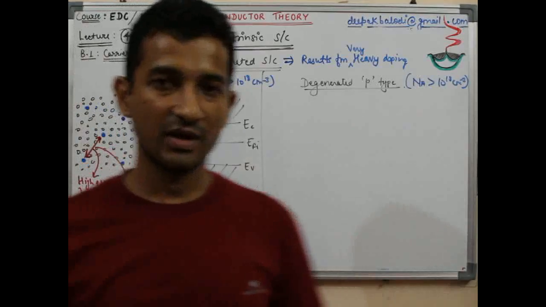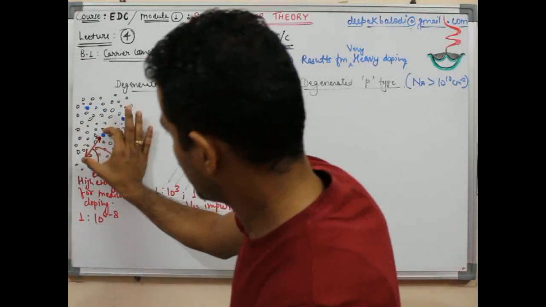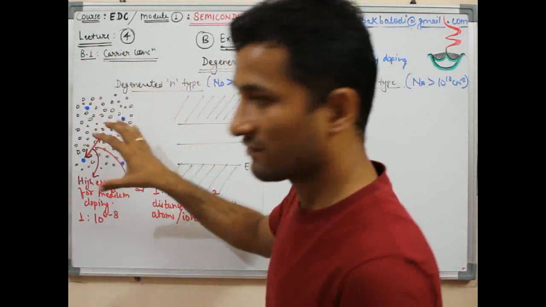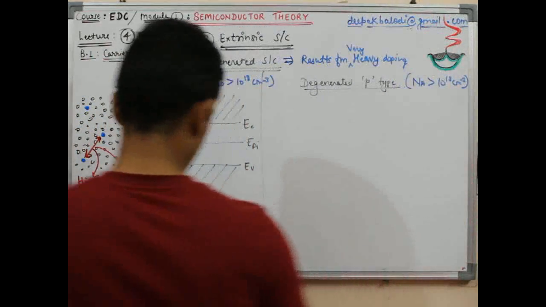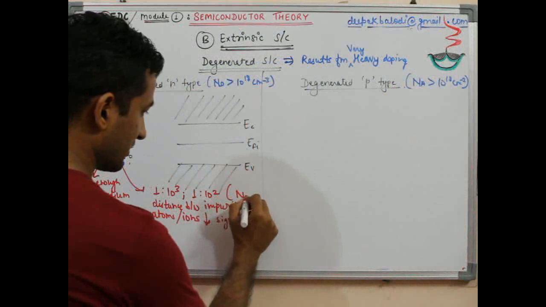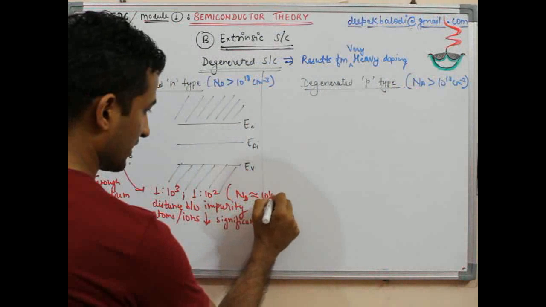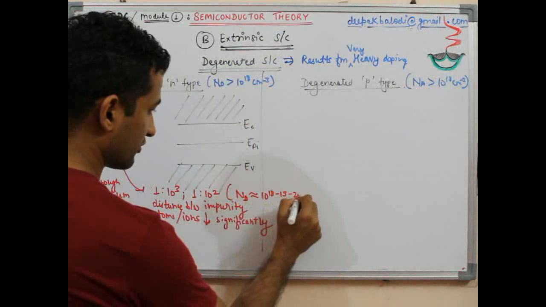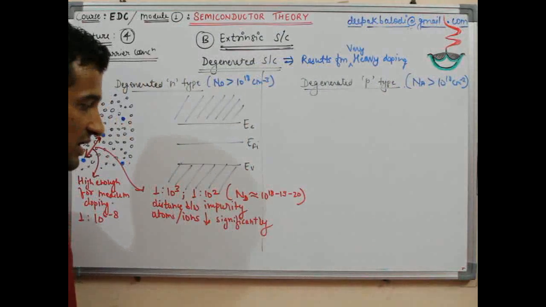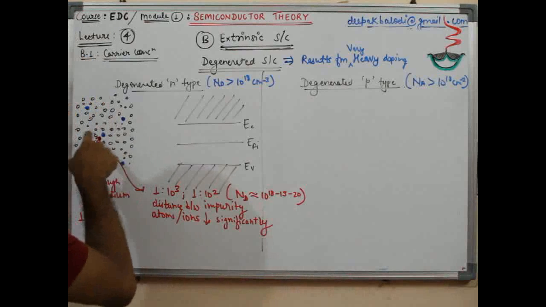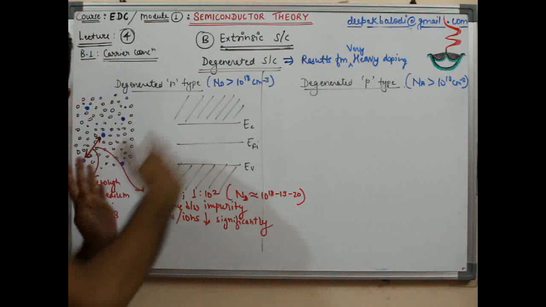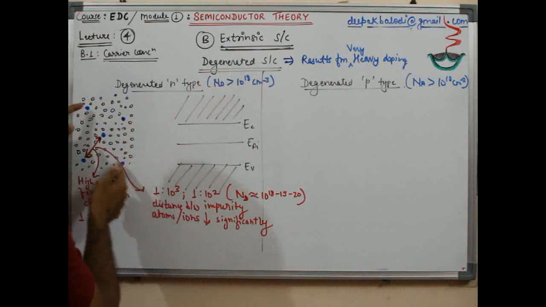Then what happens? If the distance between them reduces because they will be more in concentration now, that means when we are going for ND around 10 to the power 18 or 10 to the power 19 or 10 to the power 20, in this range, then the impurity ions or atoms will be close to each other. It is still much far, but relatively nearby another impurity.